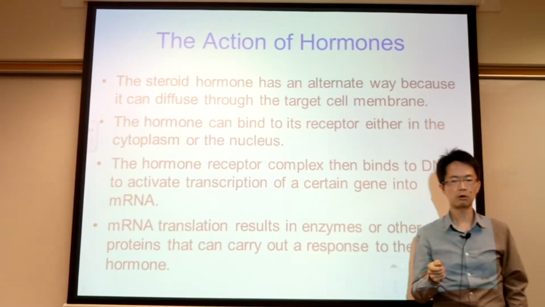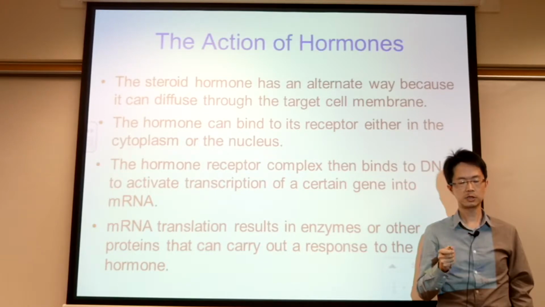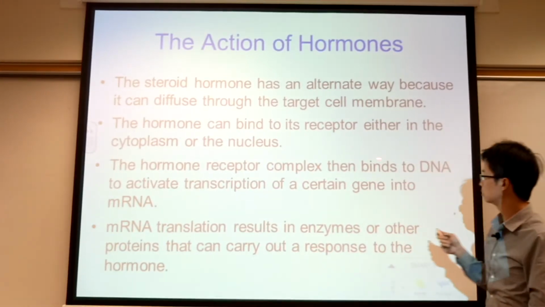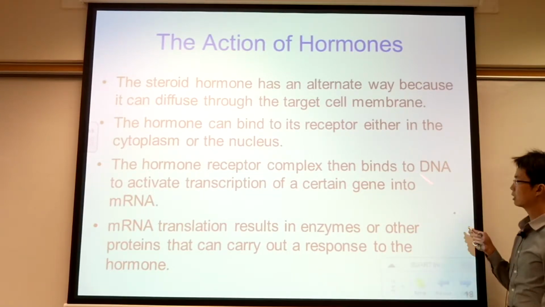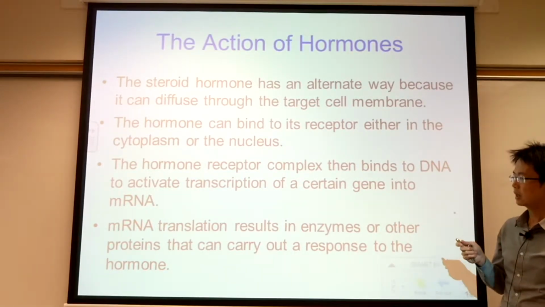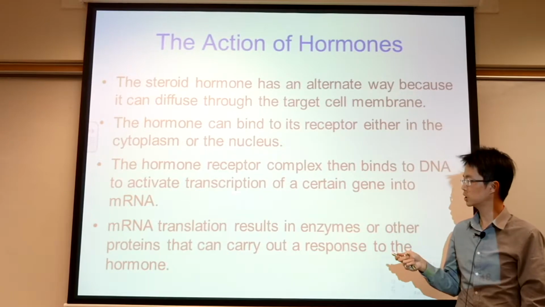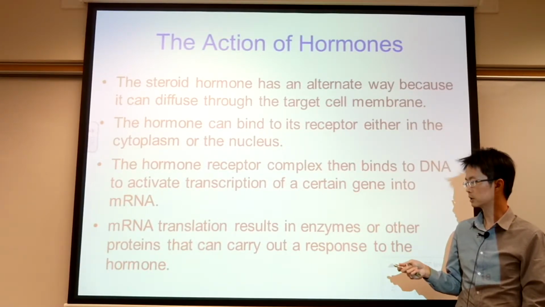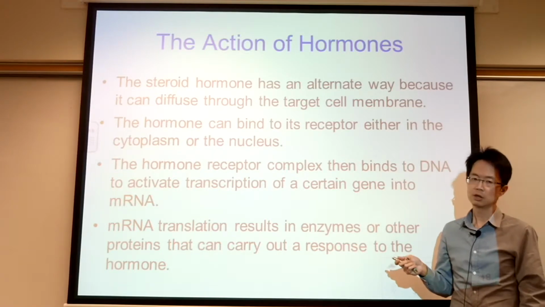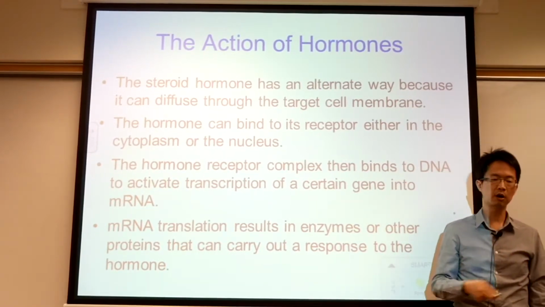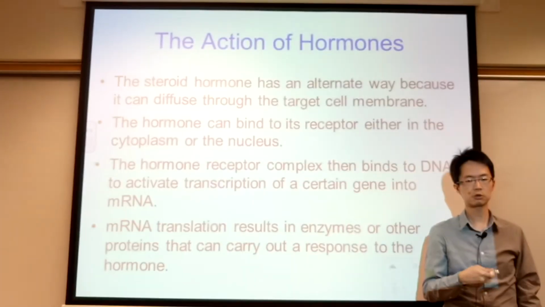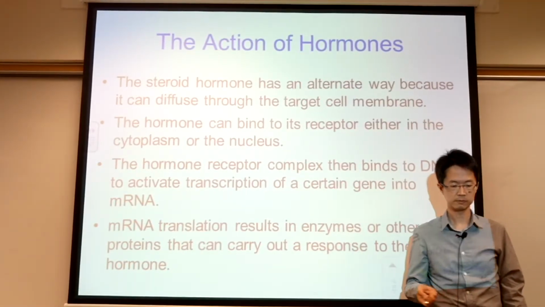After the steroid hormone binds to the receptor, they will form a complex that can bind to DNA. When it binds to DNA, it can affect the transcription, and in turn it can affect the translation as well. So the steroid hormone affects the cell function through the central dogma, transcription and translation.